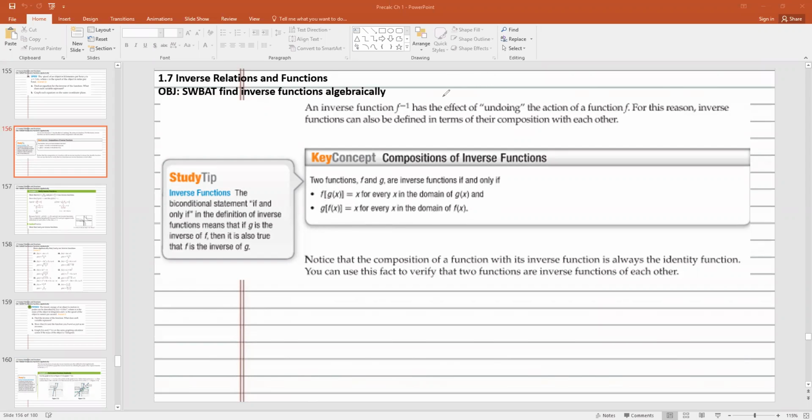All right. So f of g of x and g of f of x have to both equal x. All right, and we're going to see those, so don't worry. This is in the notes.